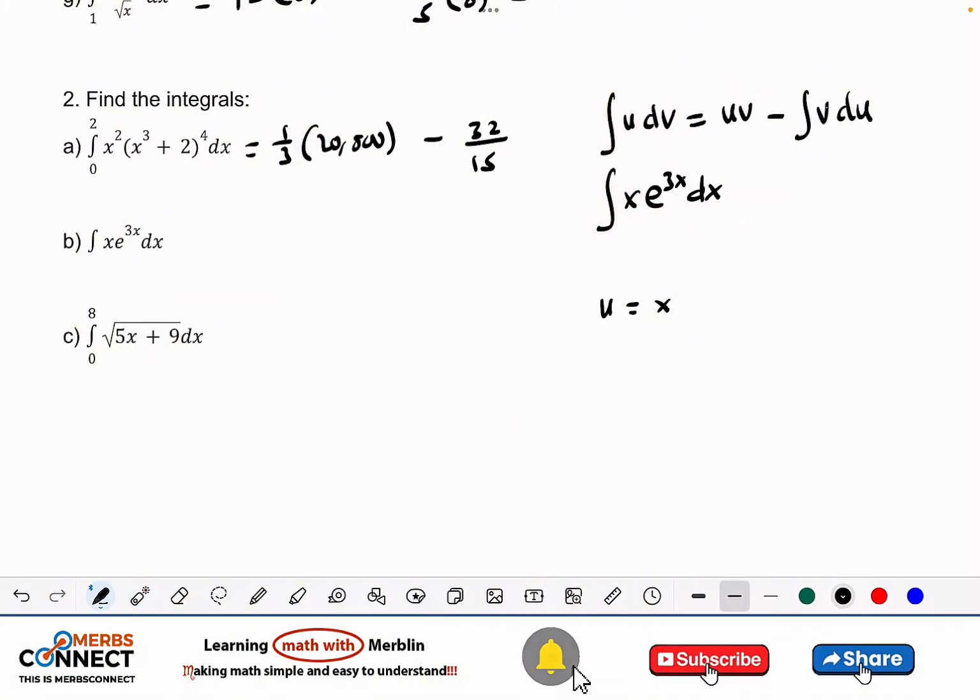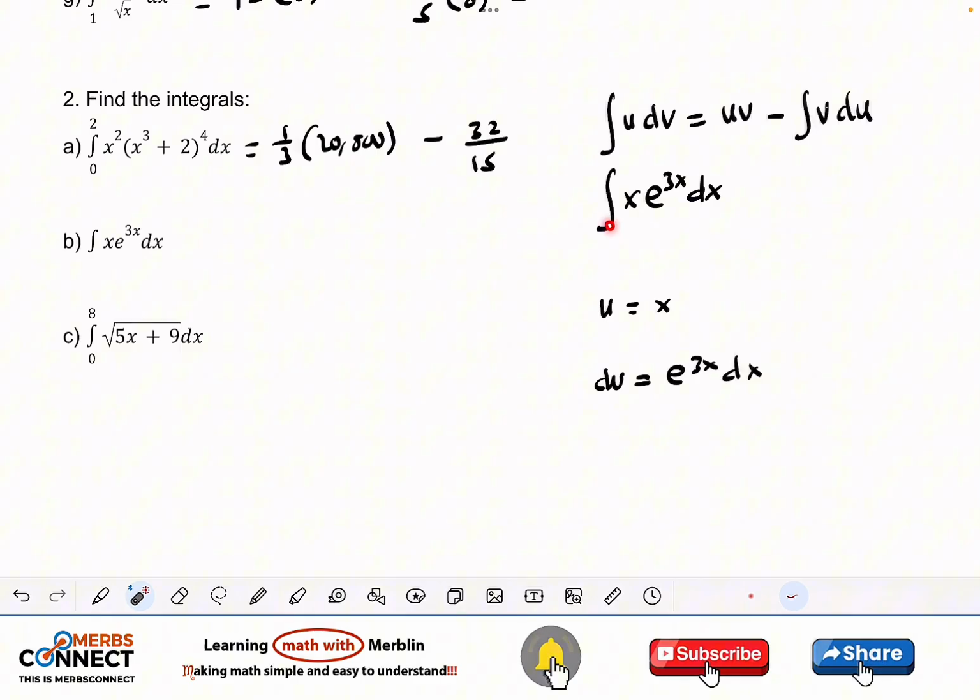So it means that my dv will be equal to e to the power 3x dx. So that is the idea. Whenever you are doing the comparison, u is equal to x, and everything left is for the dv.